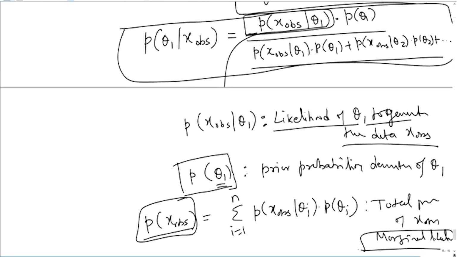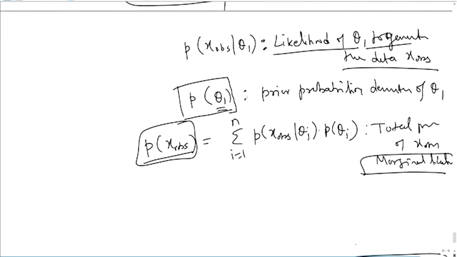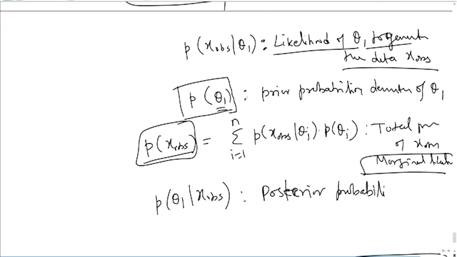So these are the terms on the right hand side. On the left hand side, what you get as a result is the conditional probability of theta 1 given the data. This is actually called the posterior probability density, or you can simply call it the posterior density of theta 1 given the data.